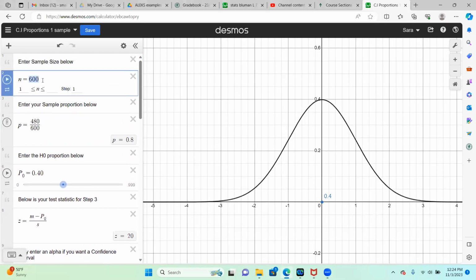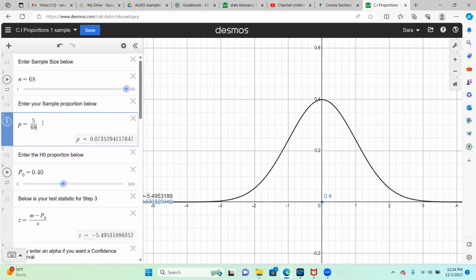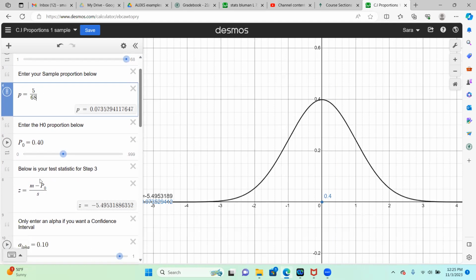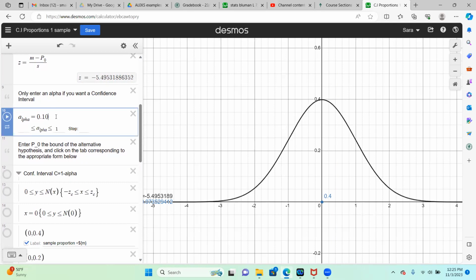And there were 68 total pieces. 5 of the 68. So there's my sample p hat is 0.0735. And then my alpha is 0.04.